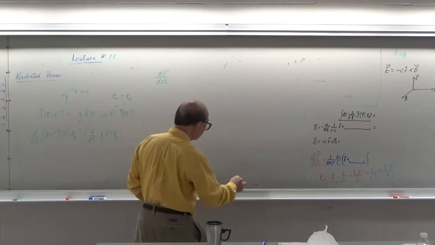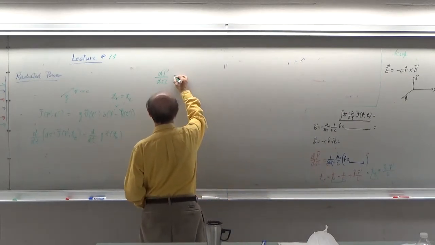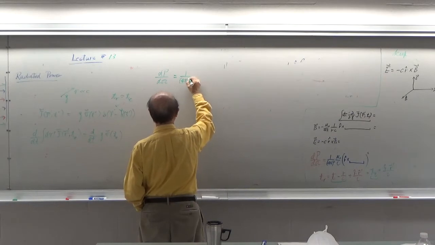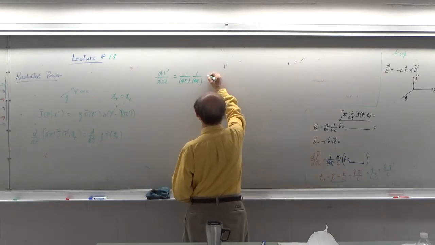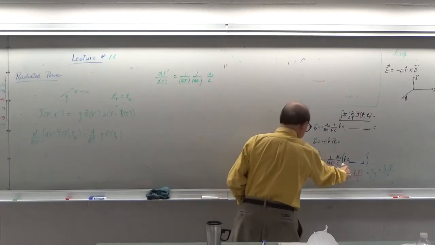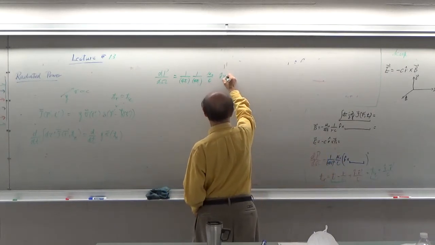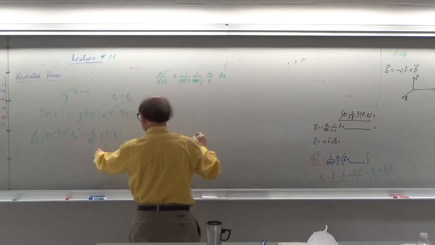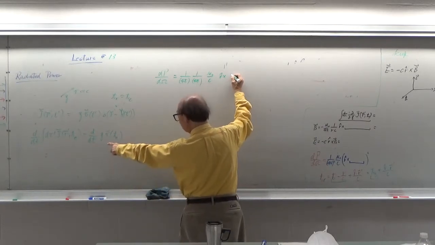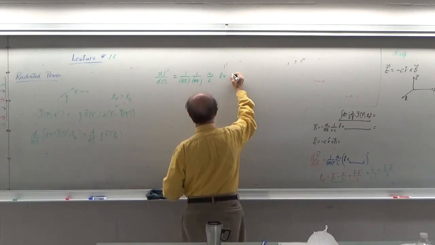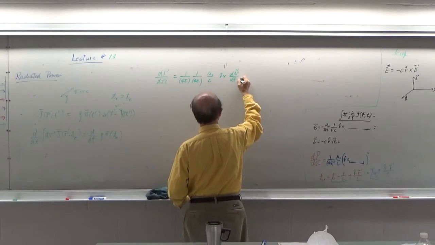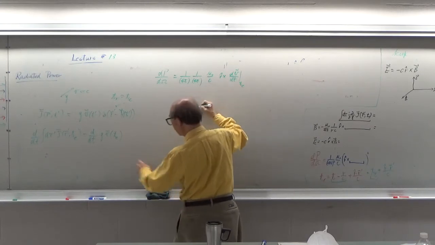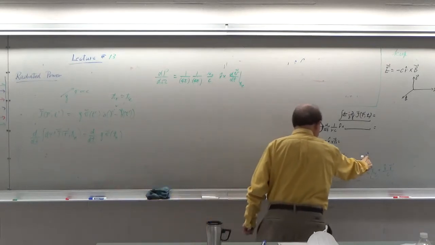And that is given by 1/(4π) squared, which is 1/(4π) by 1/(4π), then μ0 over c, times r hat cross dv/dt evaluated at the emission time, this whole thing squared.